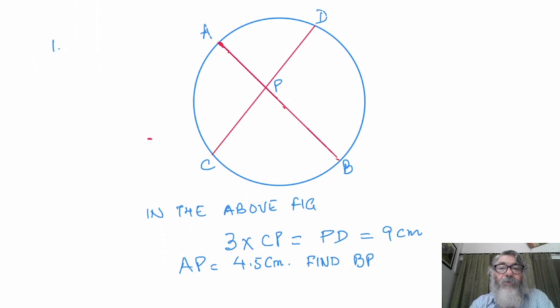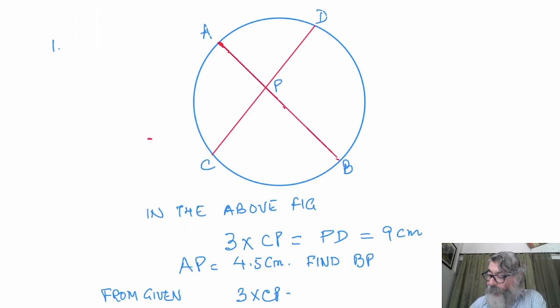He wants you to find BP. From the given, 3 into CP is 9, so CP will be 3 centimeter.